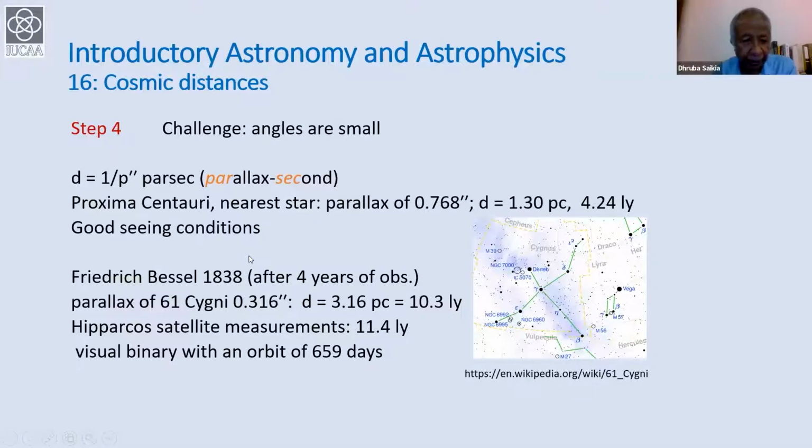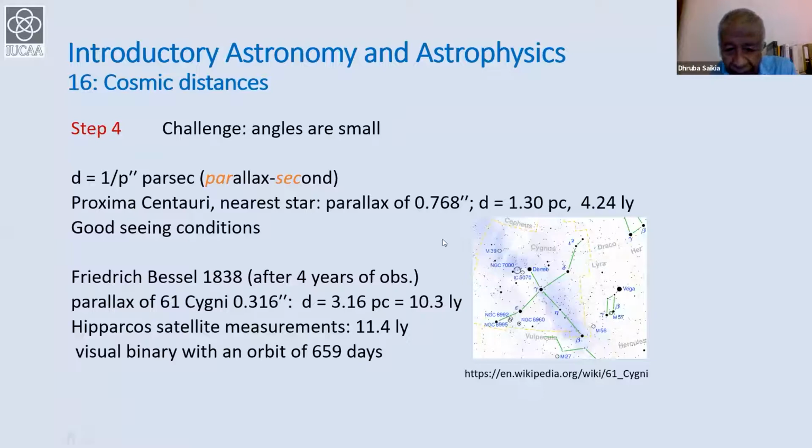One of the first heroic attempts, there were attempts to measure parallax much before Bessel did it. This is the same Bessel as of the famous Bessel function. Frederick Bessel did it in 1838, and he painstakingly took observations over a 4-year period, and the early results actually did not yield reliable values, and he later determined a parallax of 61 Cygni, and this was quite a heroic feat.